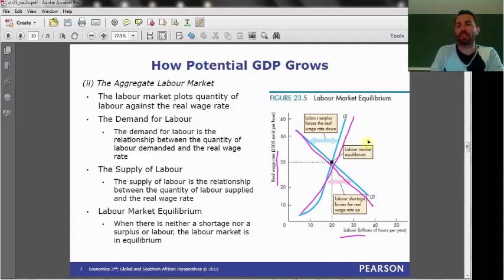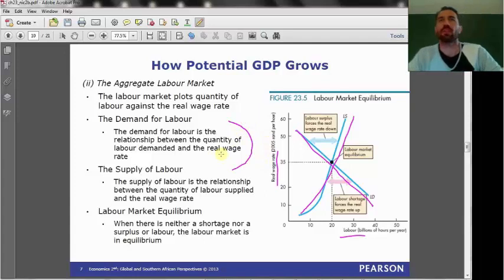In fact, there's a theory that suggests the labor supply curve is not always upward sloping, and it looks more like this. It goes like this. It says above a certain wage rate, you actually start working less because you're earning so much money for the hours that you are working. You don't mind working less. You would rather have more leisure.